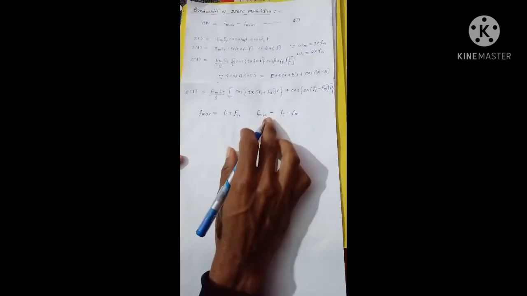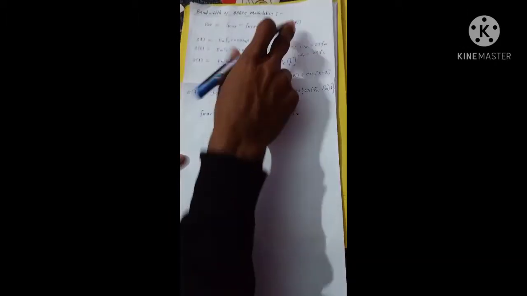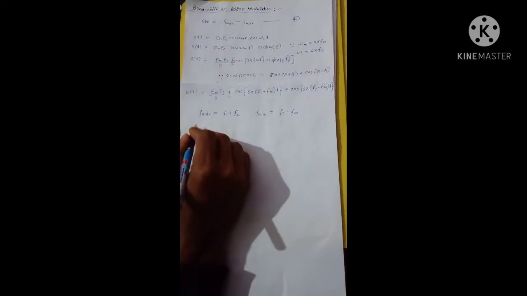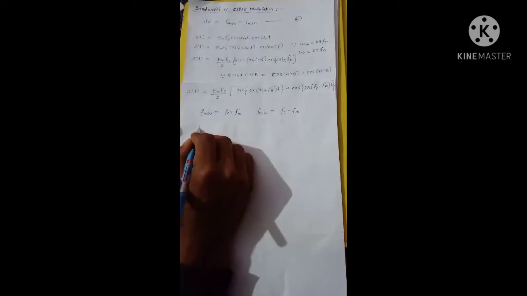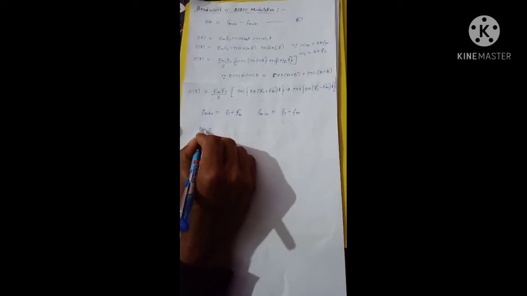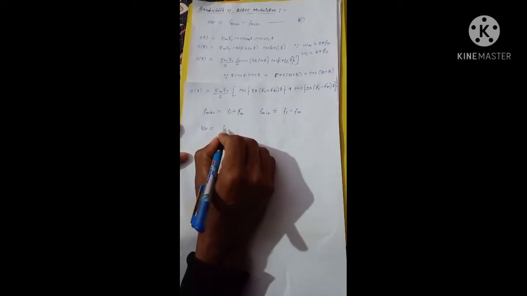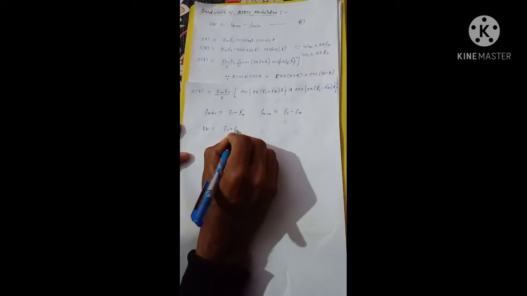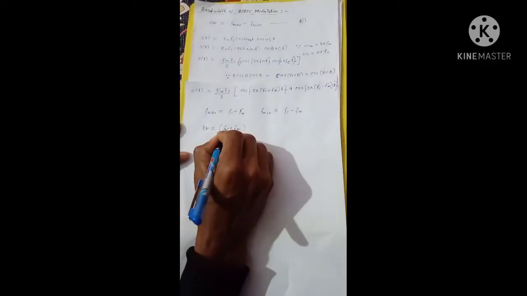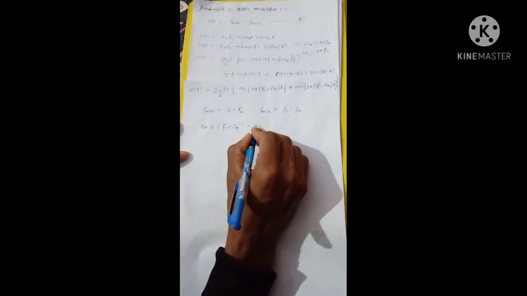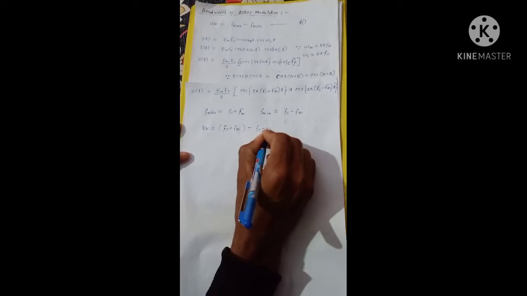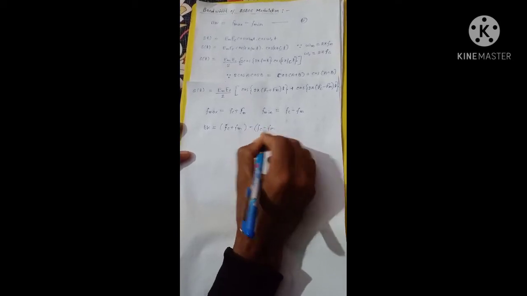Now from equation number fourth, the bandwidth of DSBSC modulation is BW equal to (fc plus fm) minus (fc minus fm).